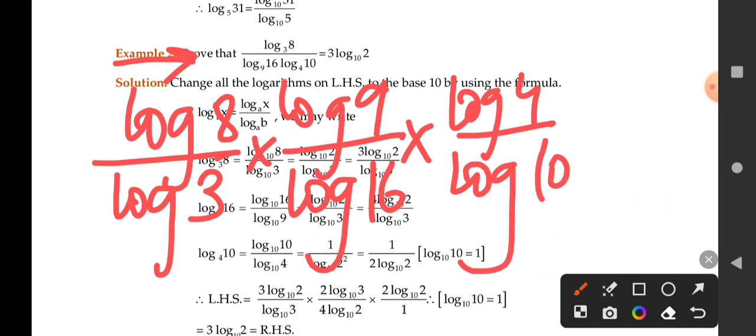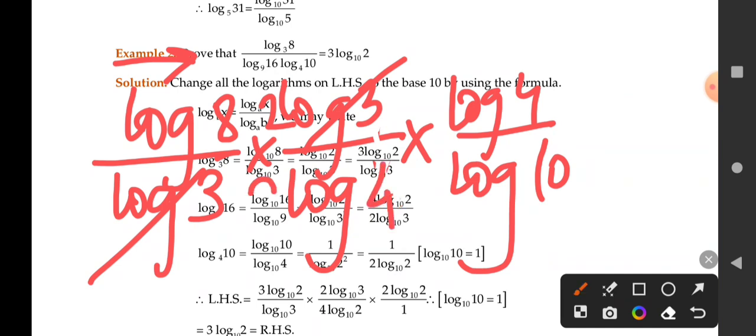Okay, all right. So here 9 becomes 3 square, so 3 here and 2 outside. So log 3 gets cancelled. Now 16 becomes 4 square. That means 4 here and 2 outside. So log 4 gets cancelled.